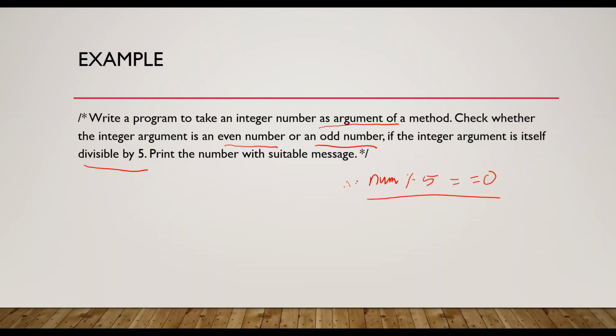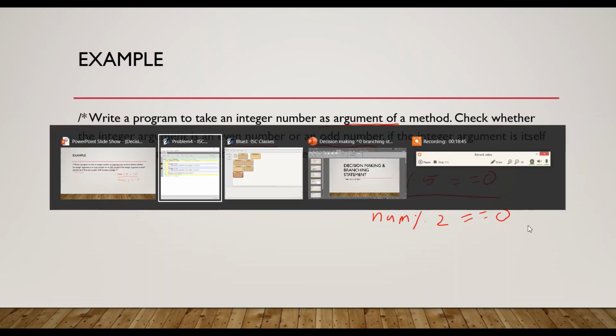The other condition is number mod 2 is equals to 0, or it may be equals to 1. For equals to 0 it is an even number, and for equals to 1 it is an odd number. So let's put the condition of whether the number is divisible by 5 or not.